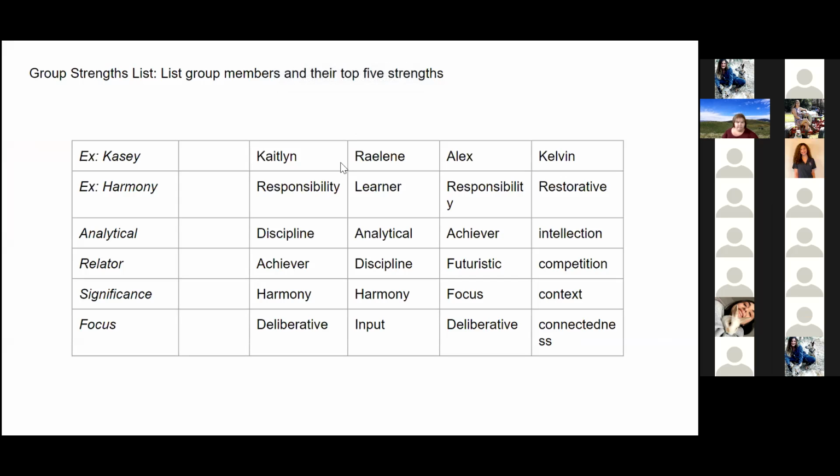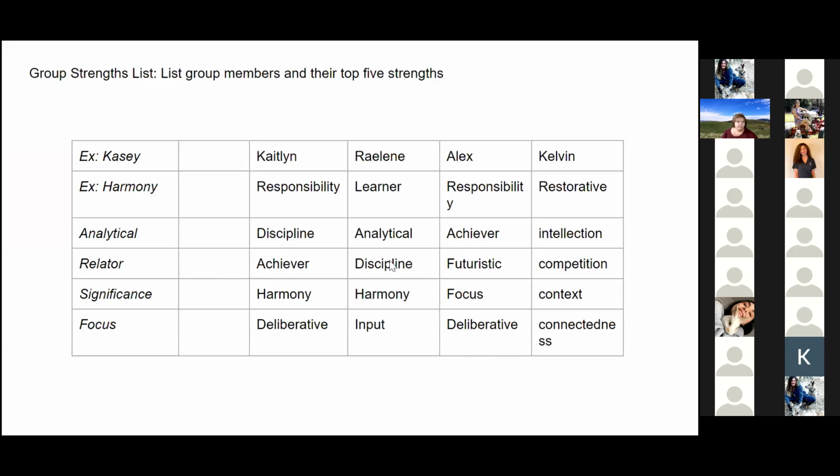Yep. Okay, so my name is Alex, and my 5 strengths were responsibility, achiever, futuristic, focus, and deliberative. My name is Caitlin, and my strengths are responsibility, discipline, achiever, harmony, and deliberative.